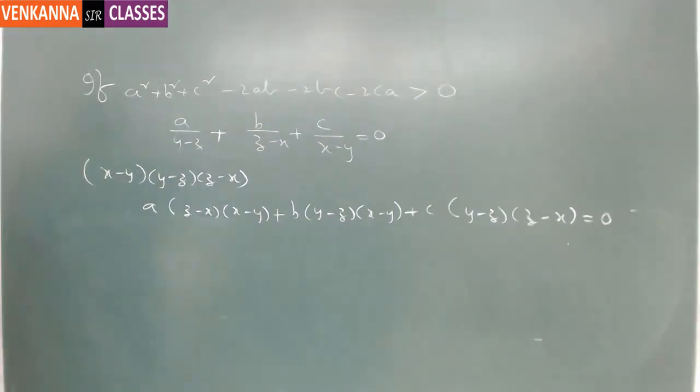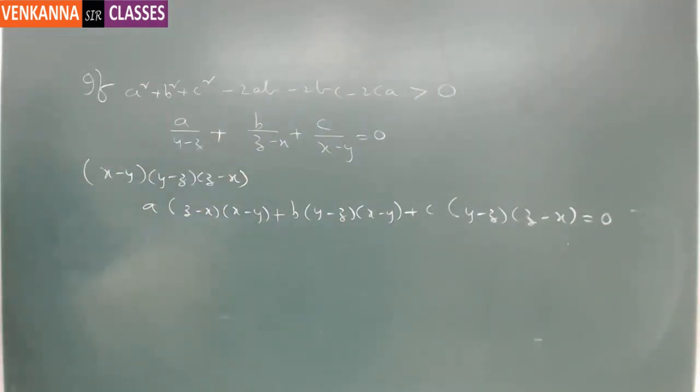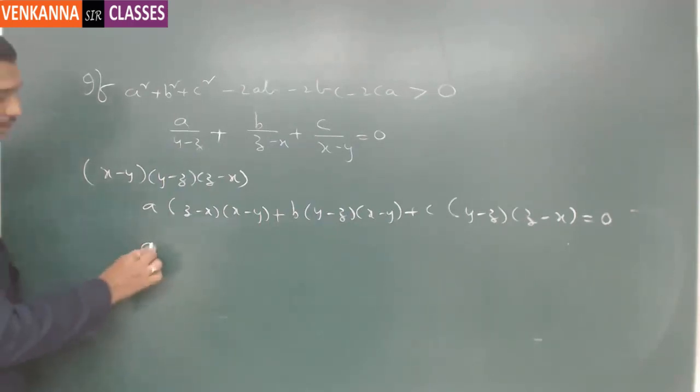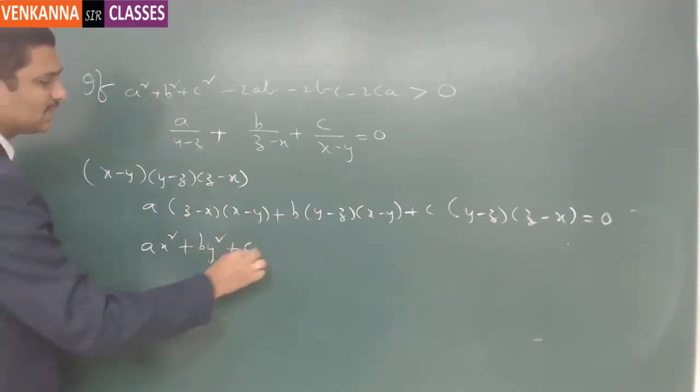Now let us multiply the whole thing. I will leave it as a practice. You will get a big equation and I will take the terms as common. So you get it as ax square plus by square plus cz square.